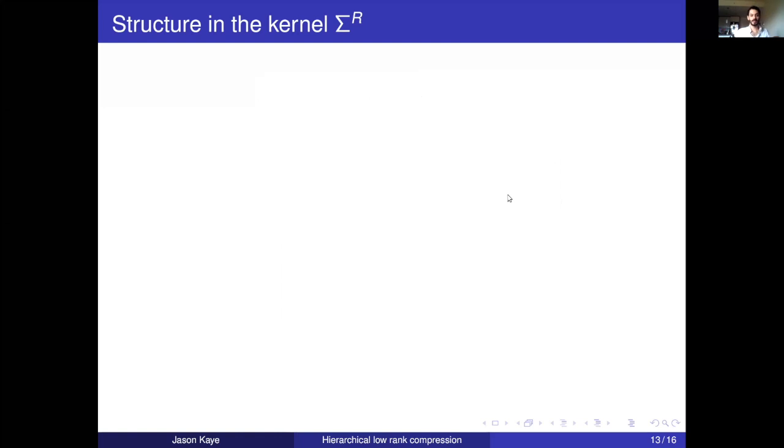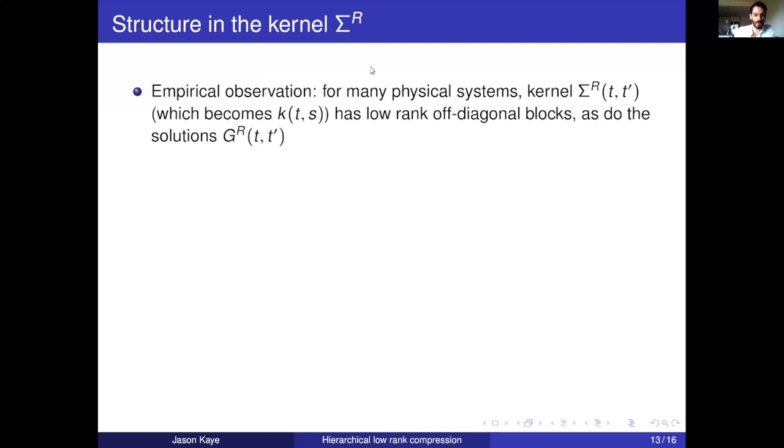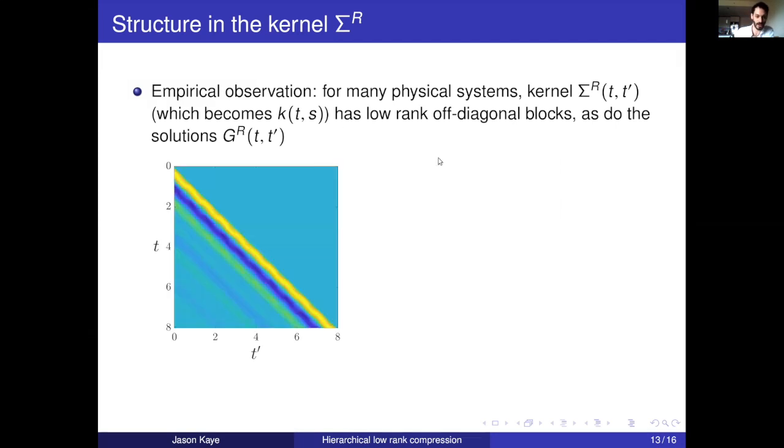So how do we bring this back to the physics? What was our empirical observation that enabled these accelerations? Well, we found that these kernels sigma, which became these kernels K, have low-rank off-diagonal blocks a lot of the time for many different physical applications, as do the solutions G. Here's a picture of one of the solutions.